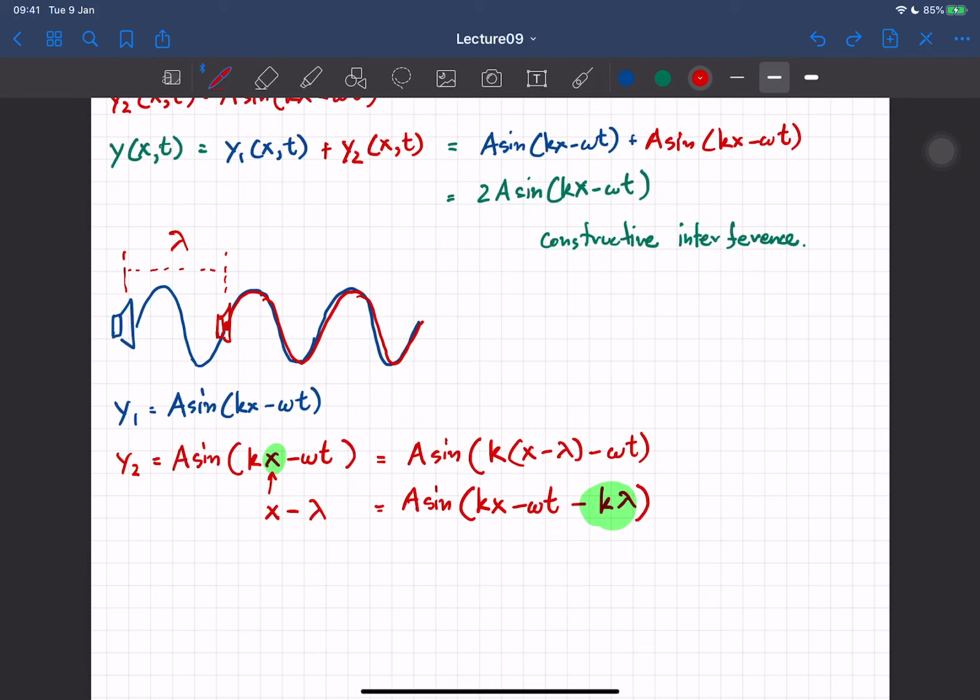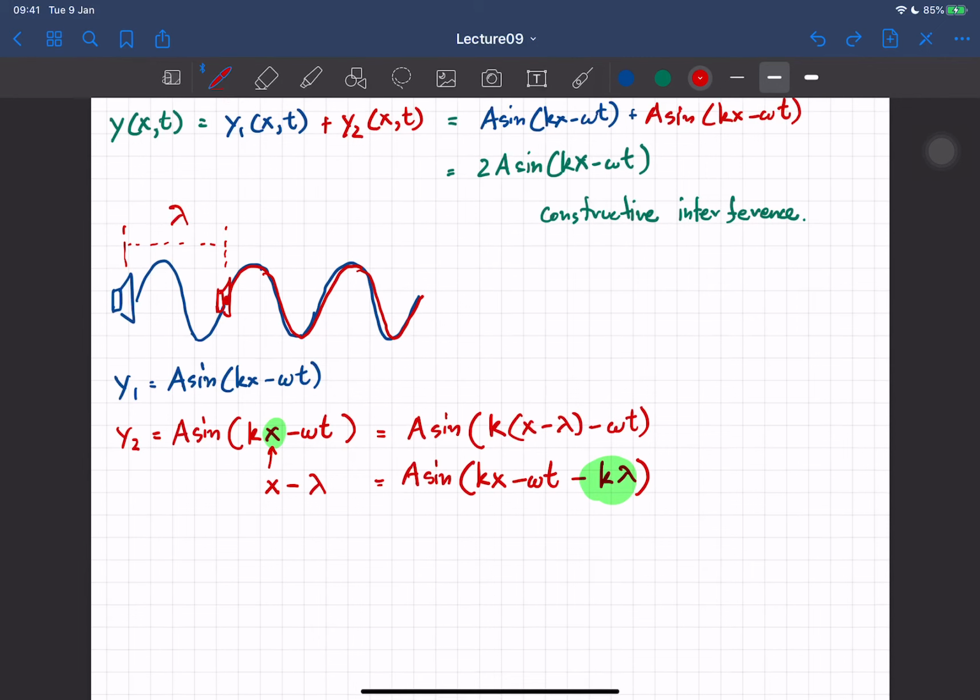So in this case, when you add the two waves together, we're gonna do that later, but the phase difference, delta phi, in this case is just, well, k times lambda. Don't worry about the minus sign at this point, because you can do phase of y2 minus phase of y1, or the other way around, y1 minus y2.